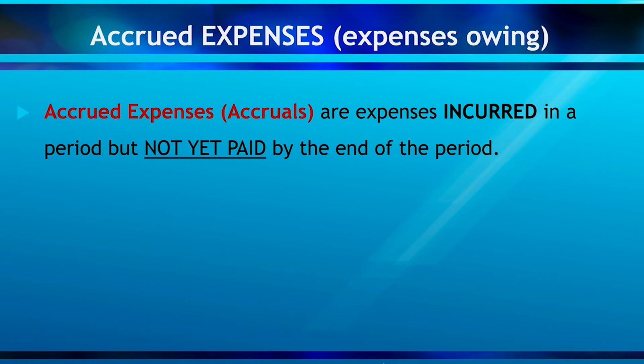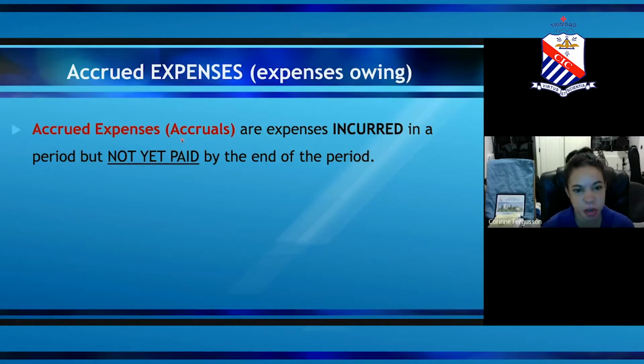So accrued expenses are expenses incurred in a period but not yet paid by the end of the period. So by the end of the period, when you're going to do your income statement that has your revenue and expenses, if by that time the expense has been incurred but not yet paid, that means you have what is called an accrued expense or an expense owing.